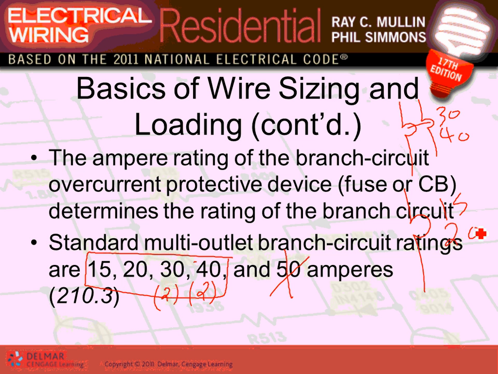I want to emphasize, guys, on any dwelling, unless they tell you otherwise, your default is which circuit? 15 amp. So when you pick a circuit for your general purpose receptacles, your default for general purpose receptacles in dwellings by code is what? 15 amps.